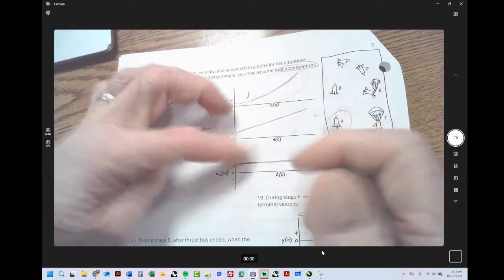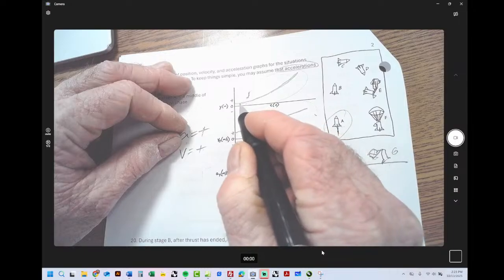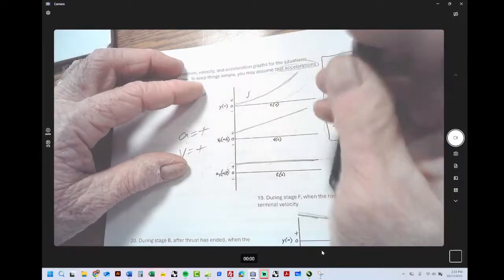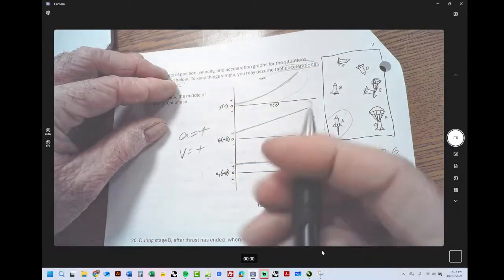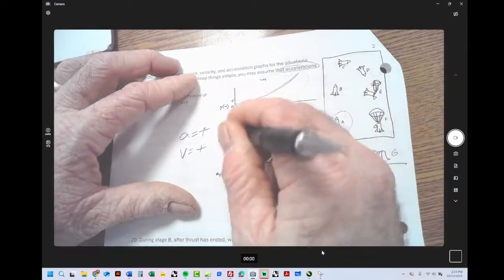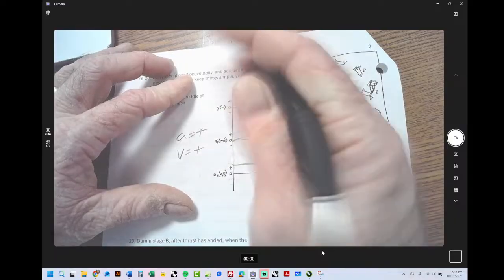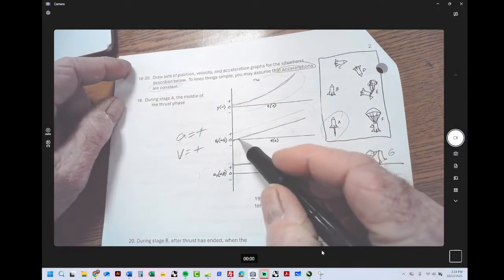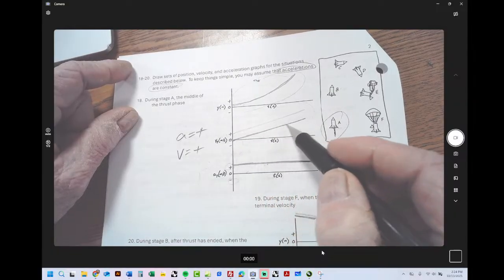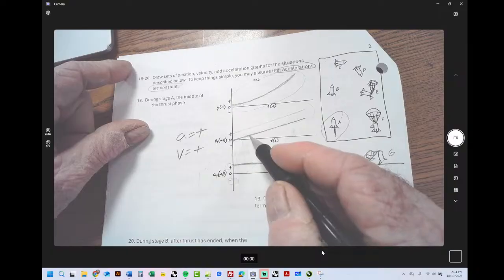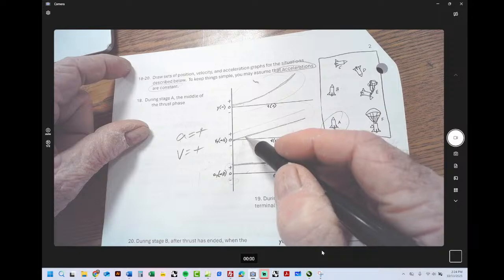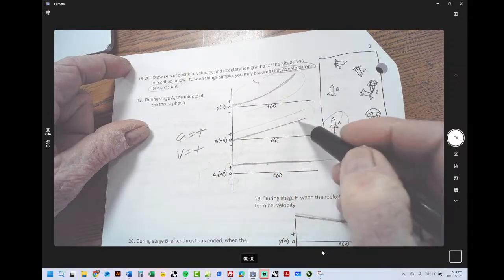So I'm going to fix it by making it like that. Alternatively, if I had made that 0 in the beginning, then I probably should have done velocity like this. I'm not going to be picky about this. What I do want to see is generally if the position is going up like this and the velocity is positive, then the slopes here should generally be positive and getting bigger.